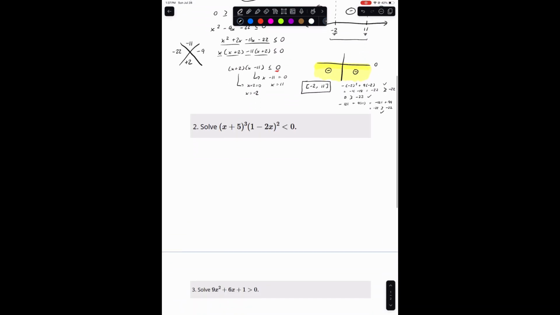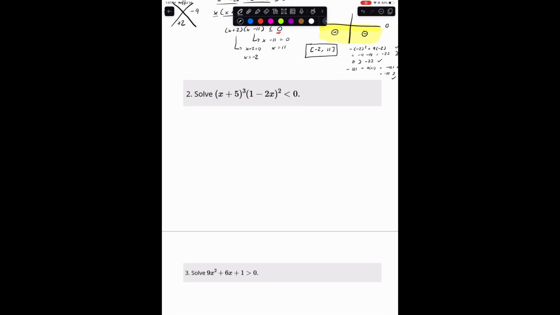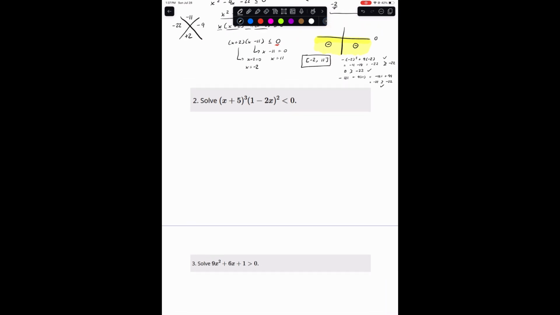All right, question 2. It's already factored for us, so that's really neat and dandy. So we just need to solve for when it's equal to 0 to find our critical points. 1 minus 2x equals 0, so 1 equals 2x, and x equals 1/2.